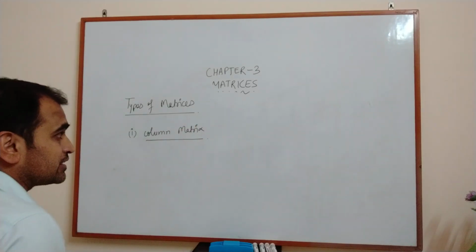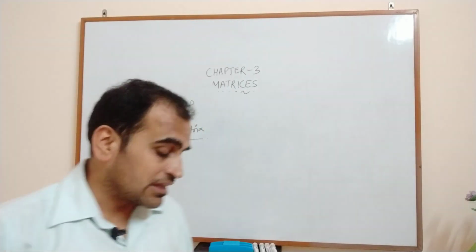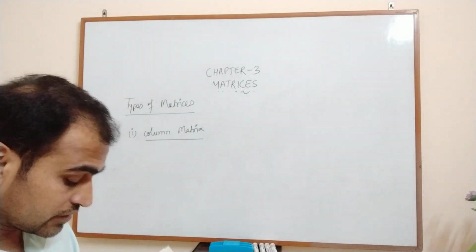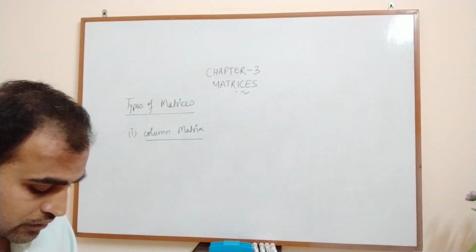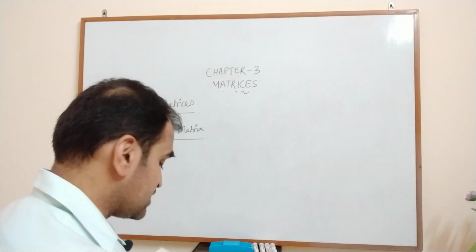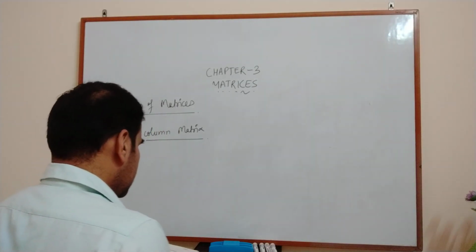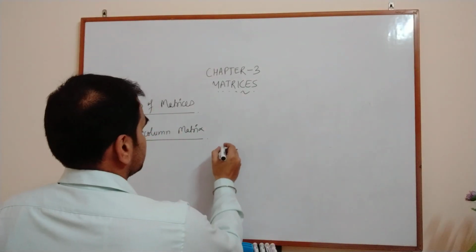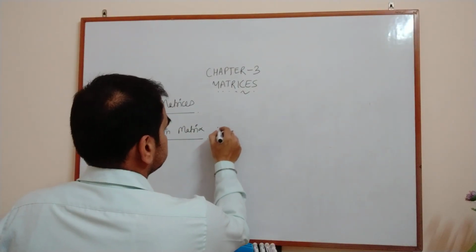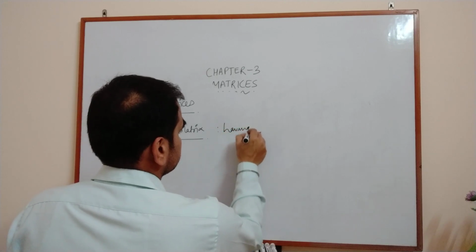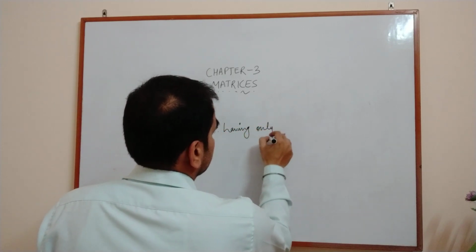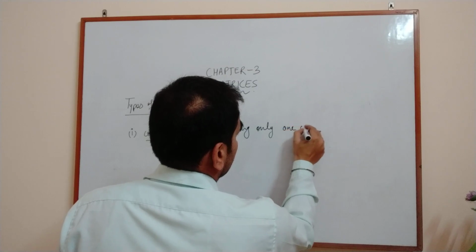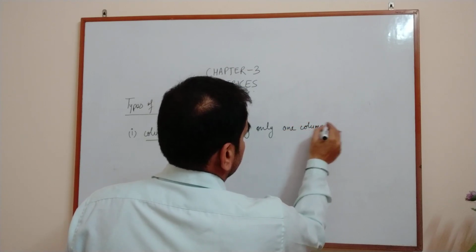So what is a column matrix? A column matrix is a matrix having only one column, with no other columns.